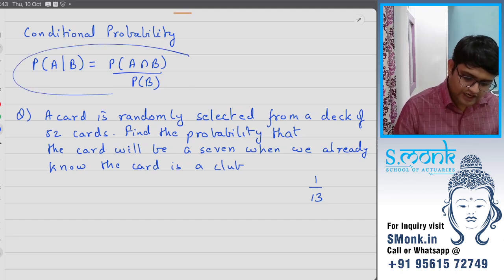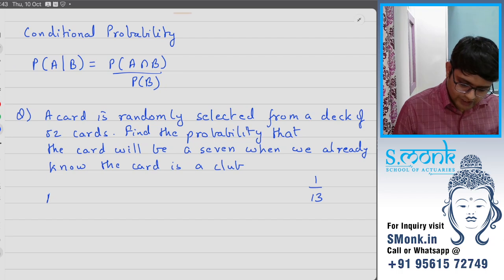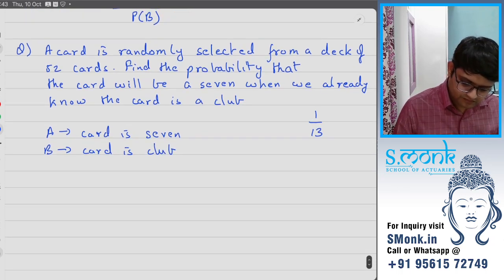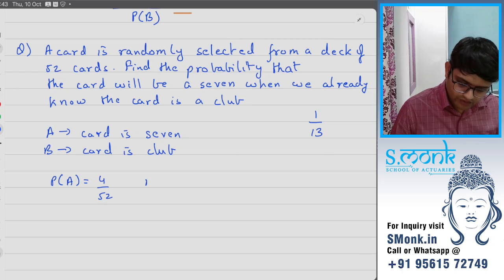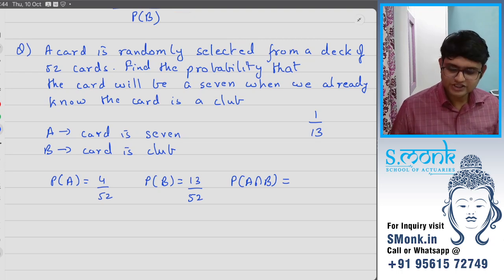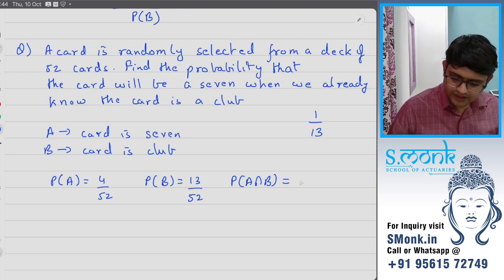Let's find that using conditional probability. Say A is card is 7, B is card is club. Probability of A will be 4 by 52, probability of B is 13 by 52, and probability A intersection B is 7 of clubs, and there is only one such card, that is why it would be 1 by 52.